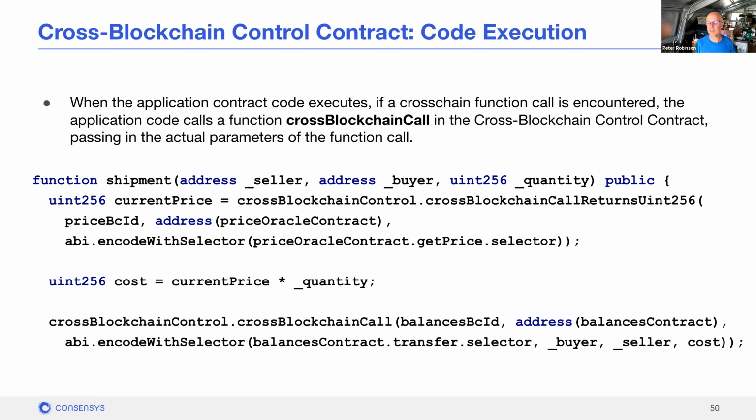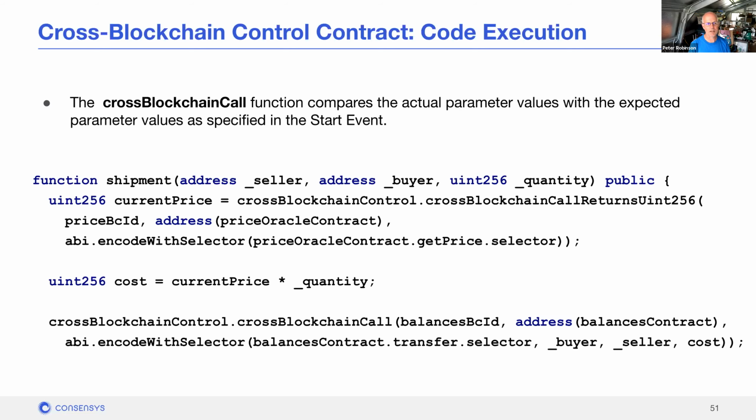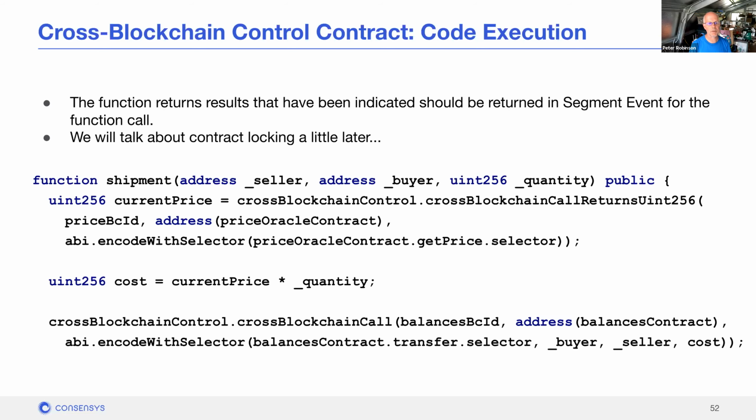And as well, it's got the return values that are available. And so it's going to be able to return the result of get price and return the current price. And it's going to know that the cross-blockchain call to the balance contract, the transfer, should be called. Yeah, and that's what I just said, but in more words.